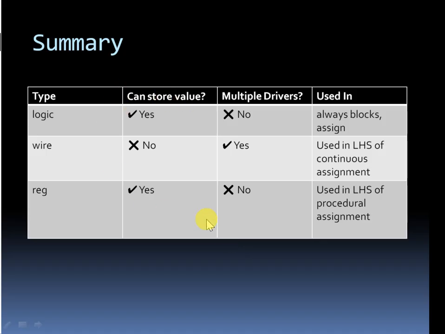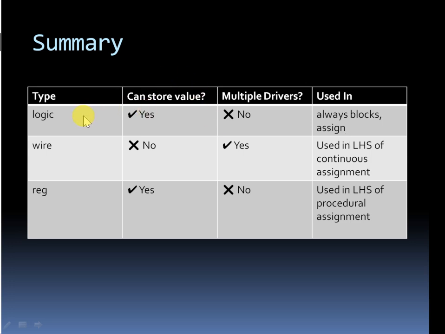So let's have a brief summary of where to use logic, where to use wire, and where to use reg. In Verilog, wire is used on the left hand side of a continuous assignment and reg is used on the left hand side of a procedural assignment. But in SystemVerilog we will be using logic, and it can be used in both always blocks and assign statements. Remember these things.